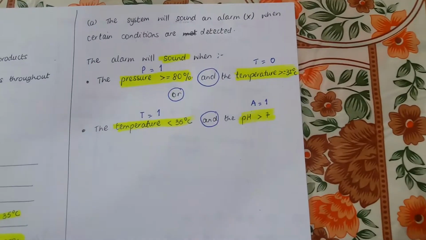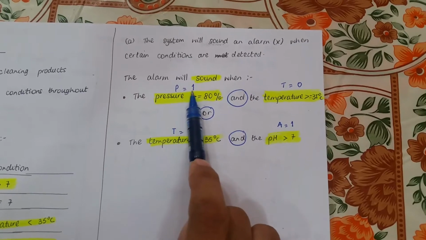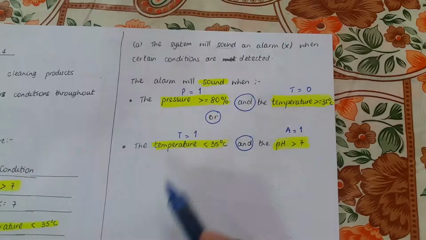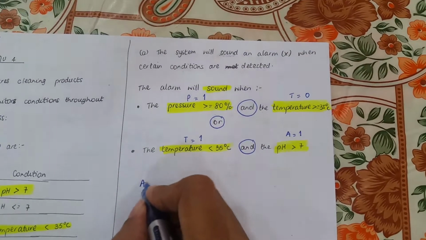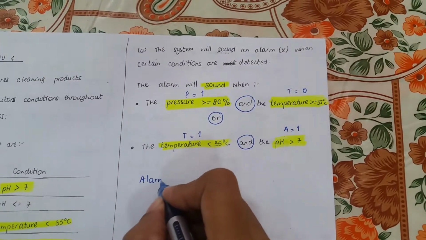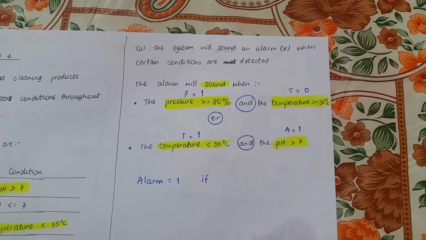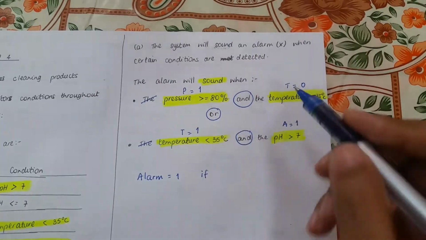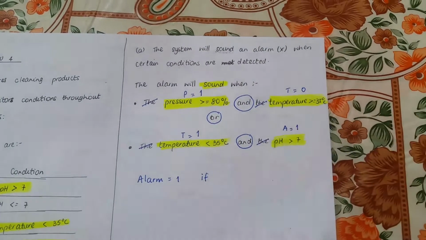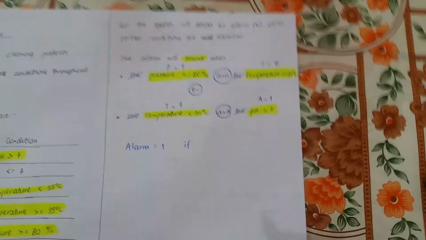So my new description, now we put it in terms of binary values. It is going to be alarm is equal to 1 if, forget the word the, you don't need to write the, because it cannot be written in formula form.